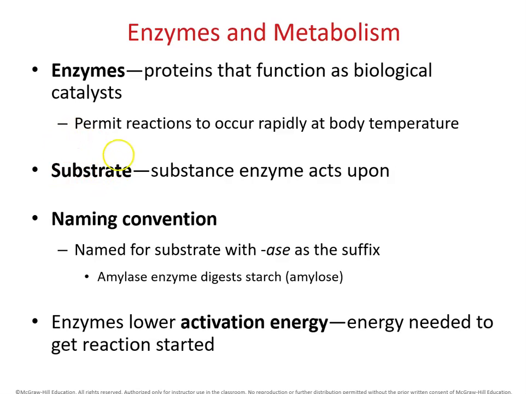So the substrate is what we start with before. Okay, we have another naming thing here. Most enzymes end with ASE. Okay, remember that most sugars end with OSE. Most enzymes end with ASE. This one's pretty important. This can give you some big clues if you're trying to figure out what something is.